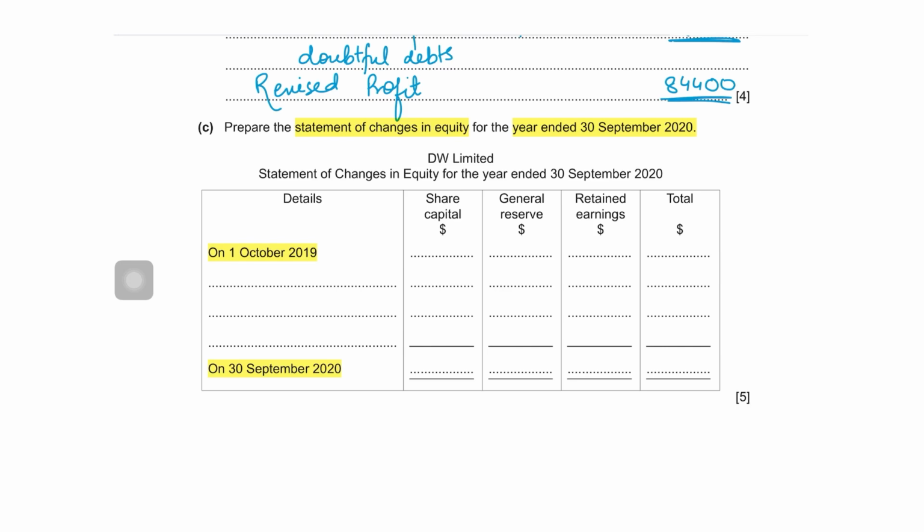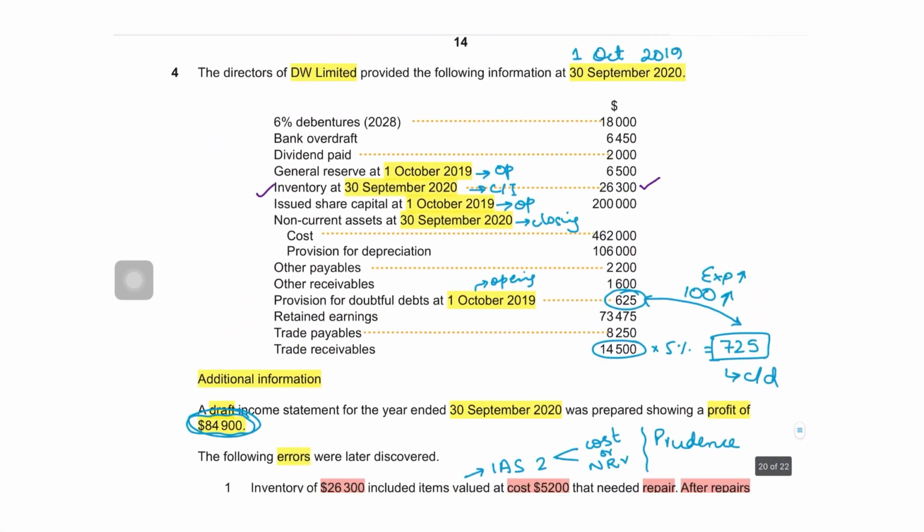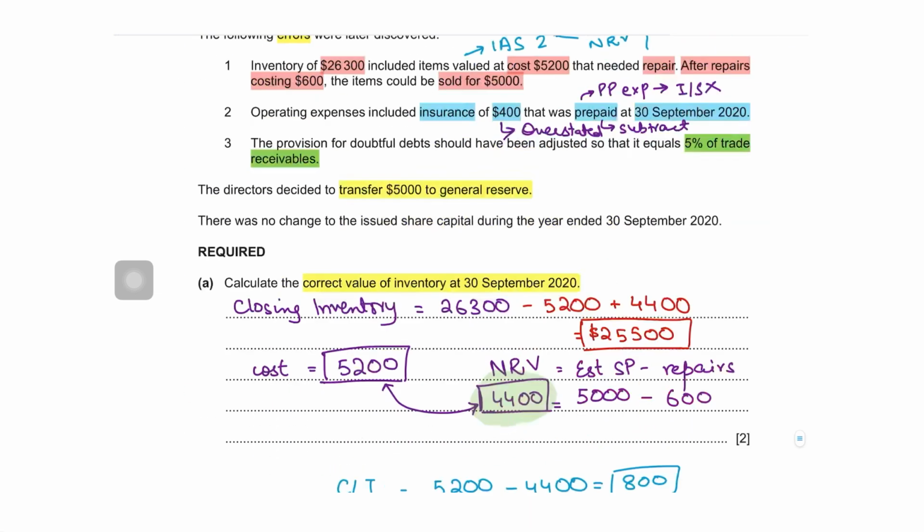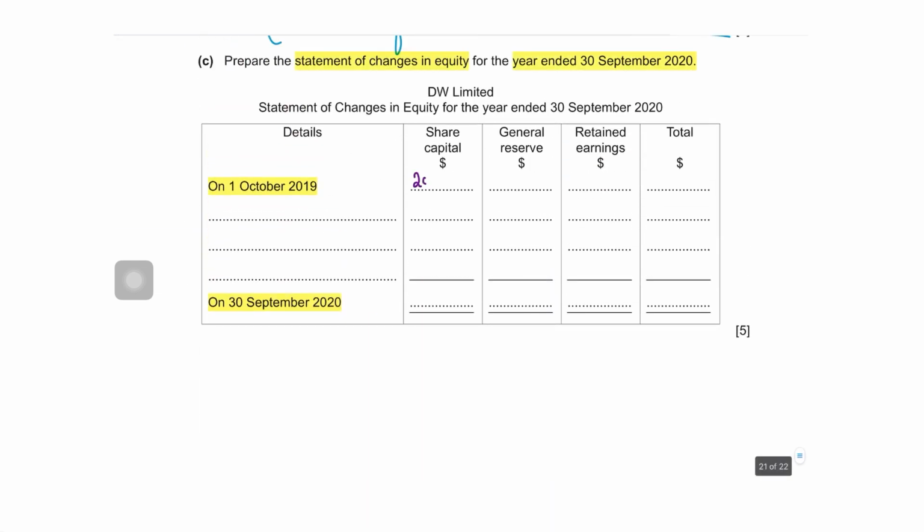Okay, so let's begin with the opening balances. For share capital, we were given the amount of 200,000, I guess. Issued share capital 200,000, yes, and let's write that down.